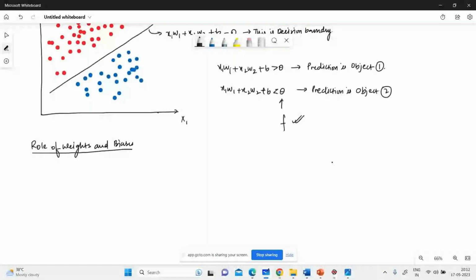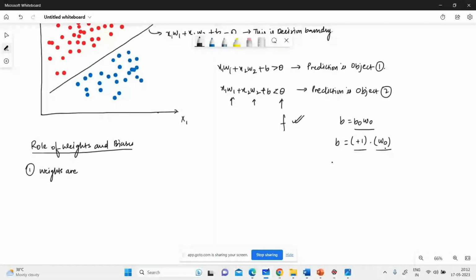Remember that for every feature there will be an attached weight. And yes, what is B? B is also beta naught and W naught. Beta naught is fixed, it is plus 1. So all we are left with is W naught. If you look here, B is given by plus 1 dot product with W naught.